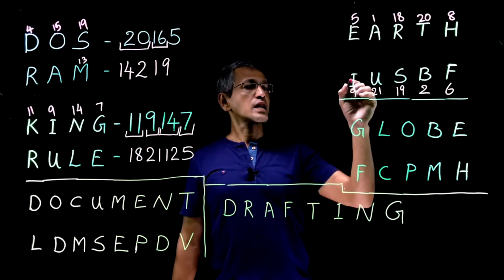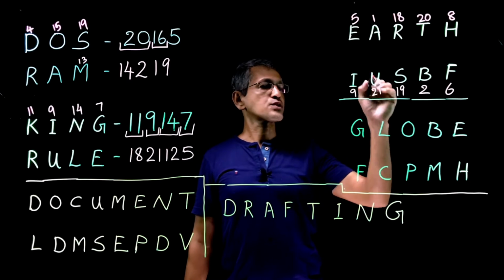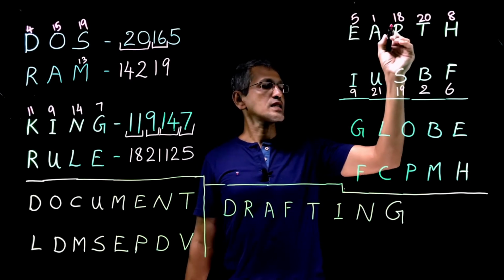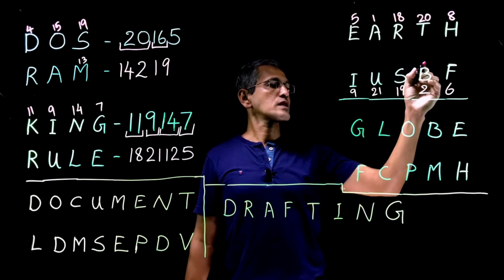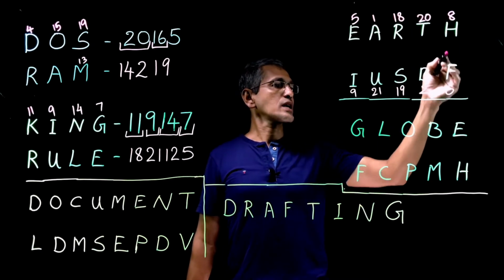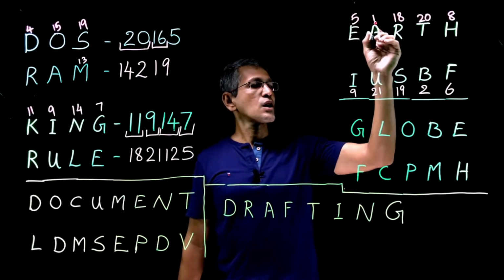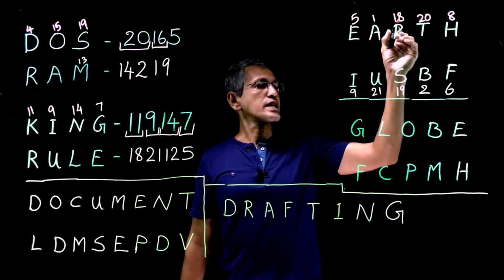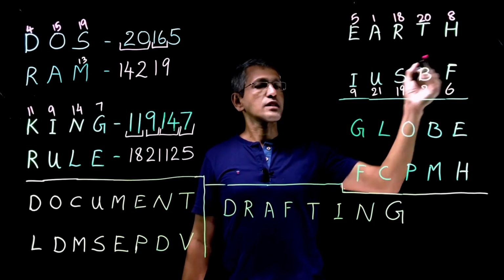Now 5 plus 4 is 9. 1 plus 20 is 21. And 18 plus 1 is 19. 20 minus 18 is 2. 8 minus 2 is 6. Is that a pattern? Well, 5 plus 4, 1 plus 20, 18 plus 1, 20 minus 18, 8 minus 2.